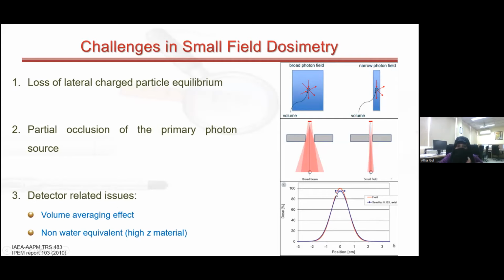It will average out the dose over its volume, and it will under-respond. That is called the volume averaging effect. Similarly, there are some detectors that have high Z material. These are not water equivalent, so again, they cause perturbations, and they need to be corrected for.